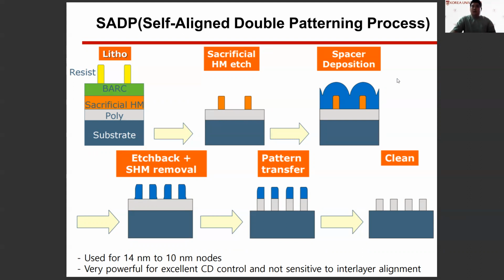Then we cut the height to the same thickness, and etch to remove the mandrel or hard mask.